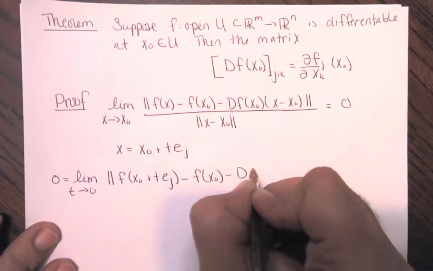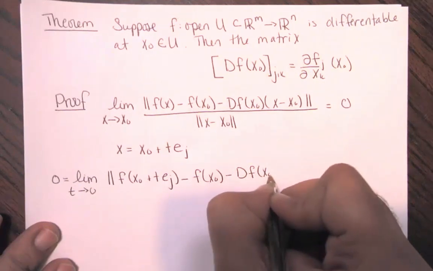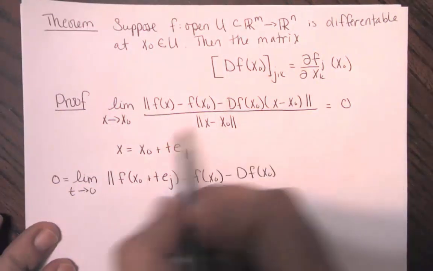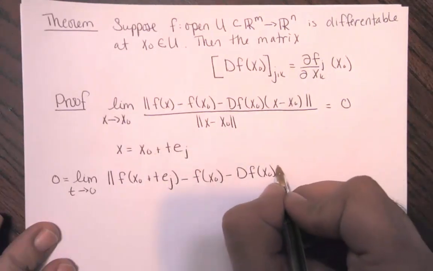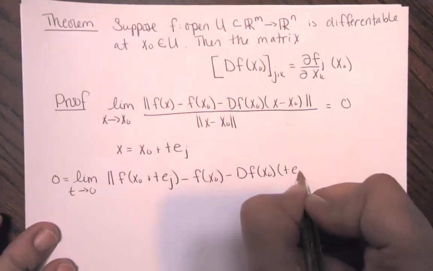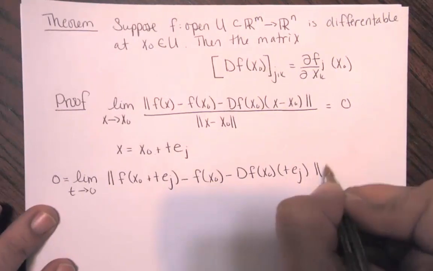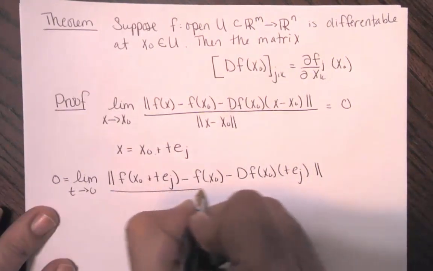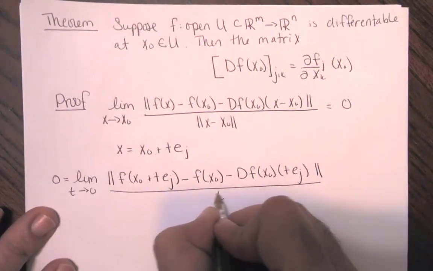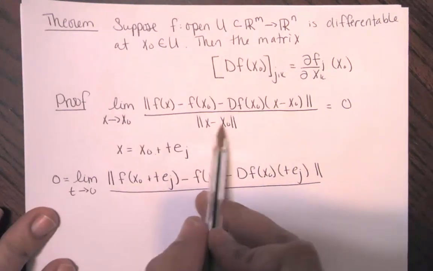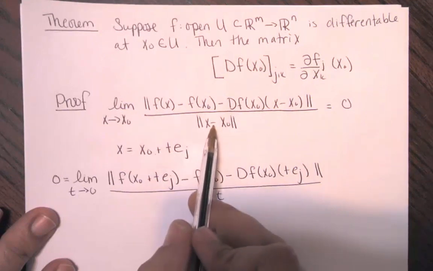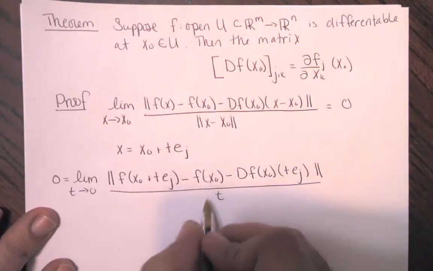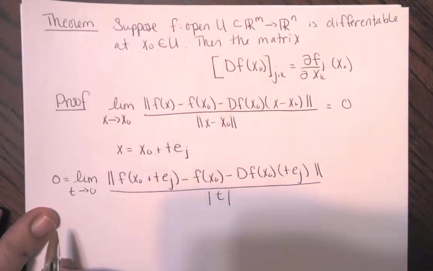minus df at x naught. Now, of course, if this is x and I subtract x naught, I'm just left with t times ej. Now divided by t, because x minus x naught is t times ej, and the norm of that would just be the absolute value of t times the norm of ej, which is 1.